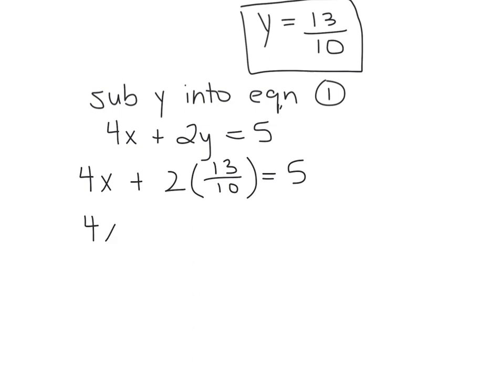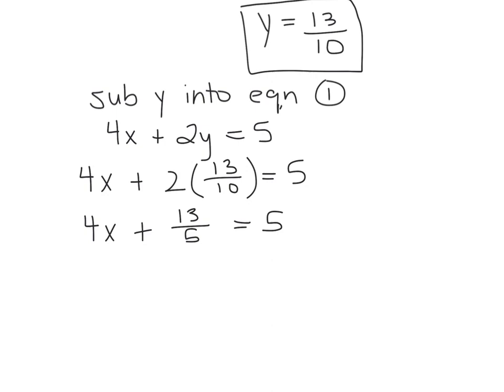Okay, so I've got 4x plus 2 times 13 over 10. If I keep it as an improper fraction, it's going to give me 13 over 5. So that is the simplified reduced answer that I get when I do that multiplication in my calculator. And that is all equal to 5.